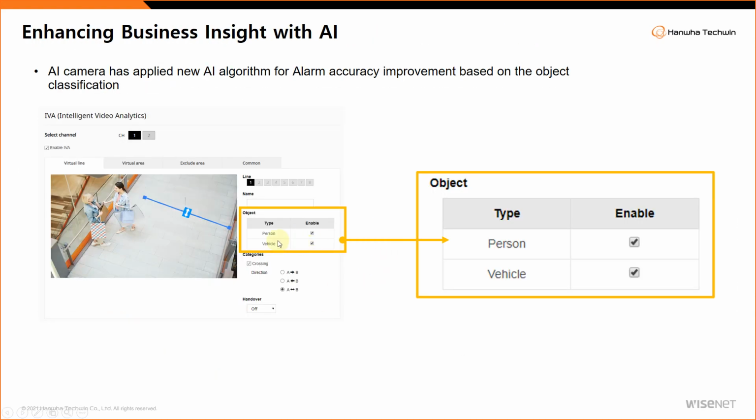Having said that, you can do the same line crossing, and you can check or uncheck what kind of object you want to detect and raise an alarm. So let's say public surveillance, they want to monitor the street if someone is crossing the street, right?